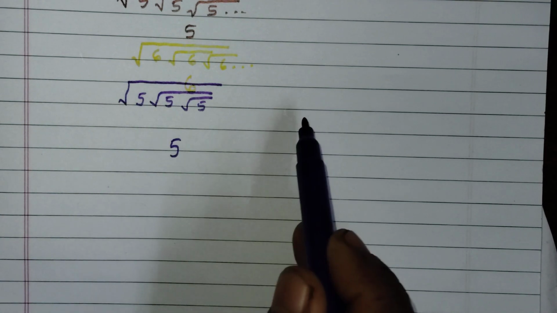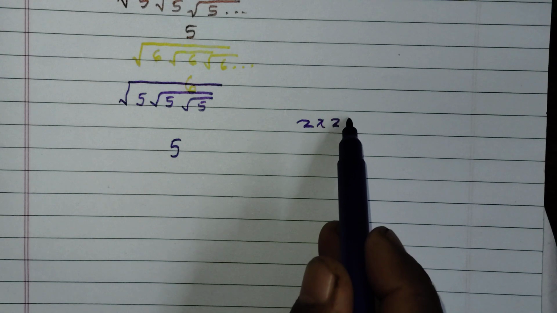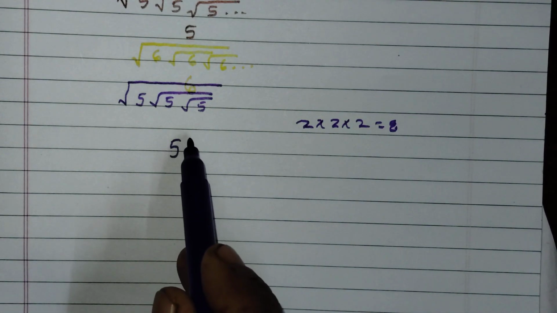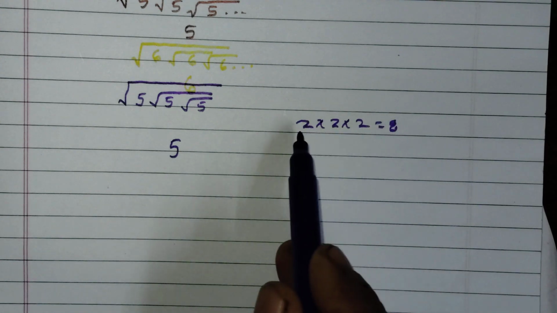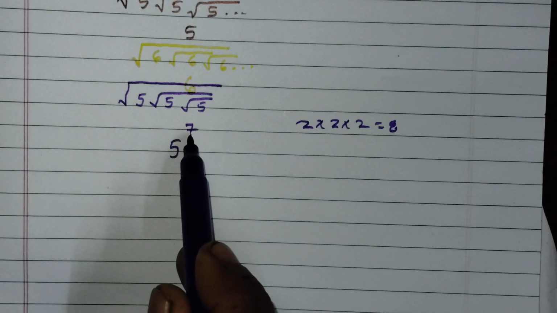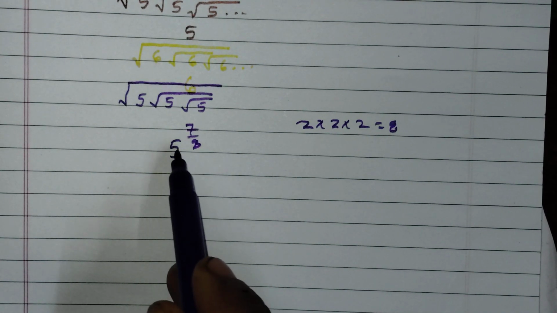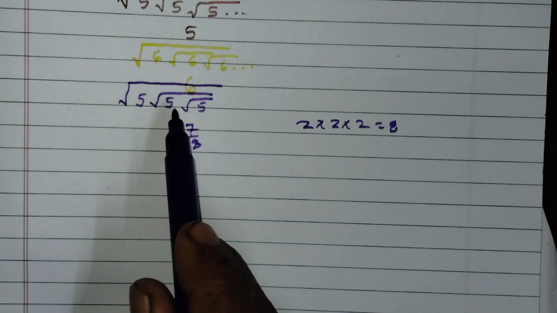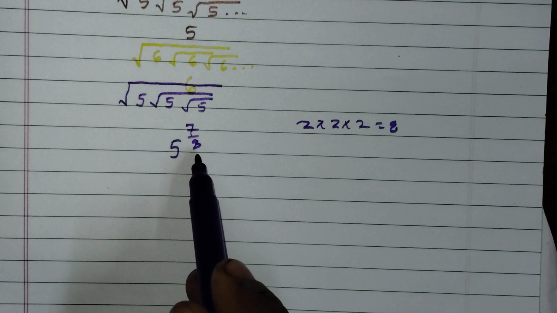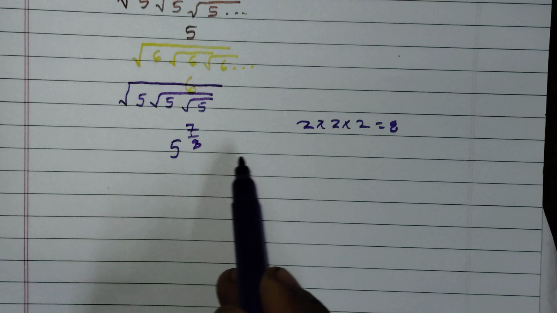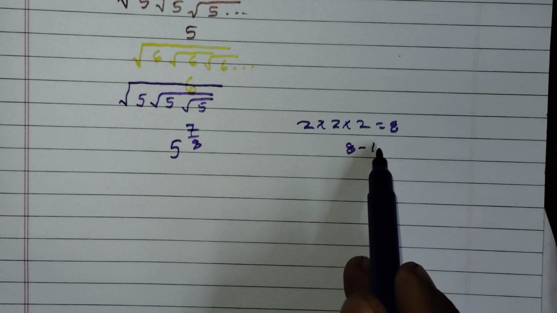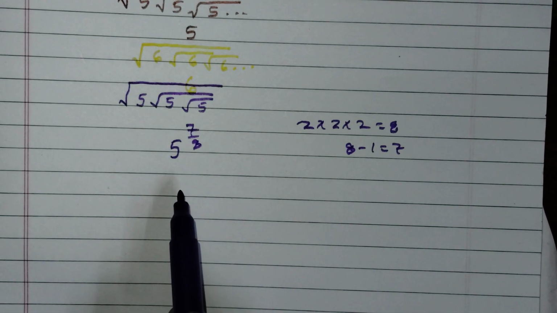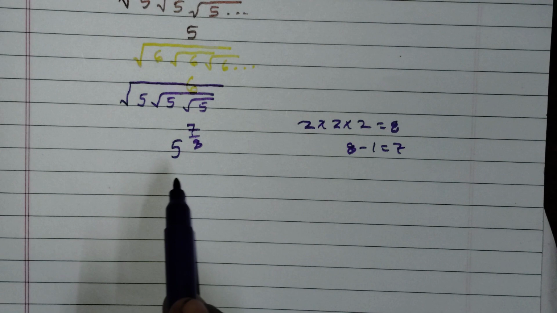So 2 power 3, or 2 into 2 into 2, gives us 8. So 5 to the power one less than 8, which is 7. 7 by 8 is the answer: 5 power 7 by 8. 8 is in the denominator because there are 3 roots, and 7 is 8 minus 1.